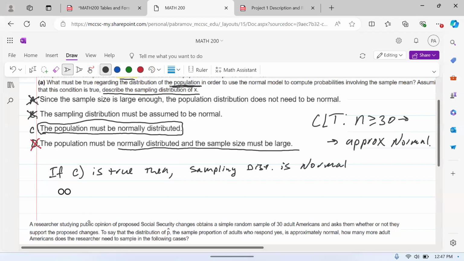And by the way, I think I said earlier it's approximately normal. No, if our population is normal, then the sampling distribution is also normal. But if we have to use the central limit theorem, then it is approximately normal. There is a slight difference there, but it is still a difference. And one more thing that we can include here is the spread, it is less spread.